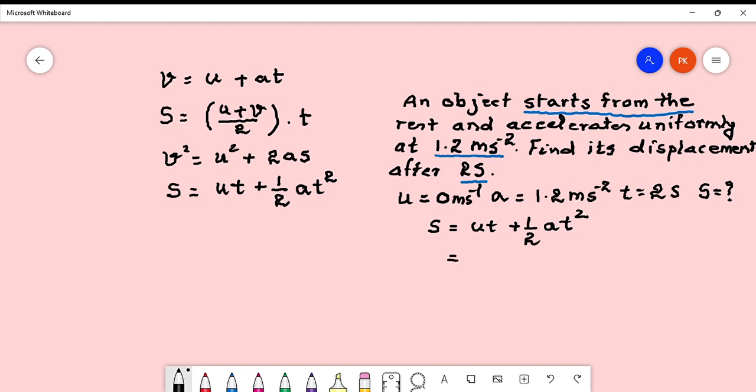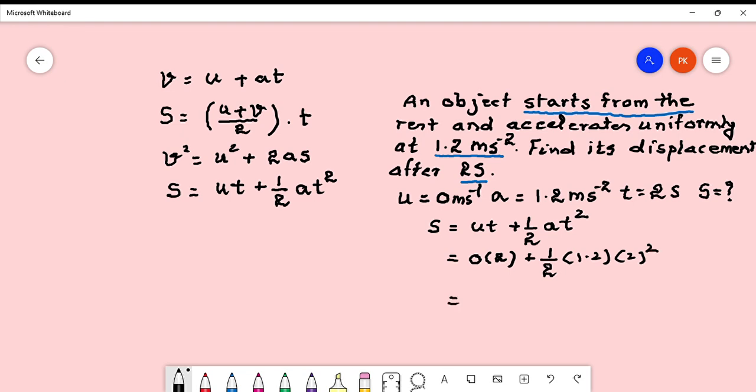Now, U is 0, T is 2, half, A is 1.2 and T square, that is 2 square.